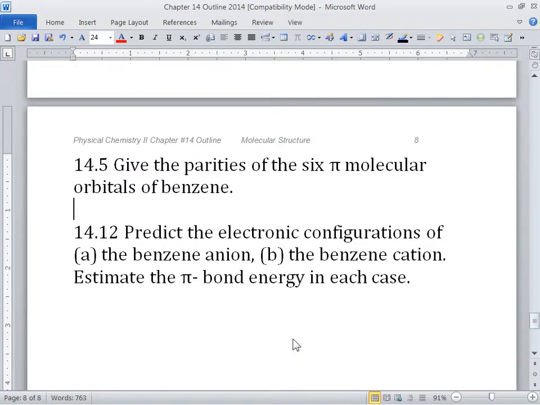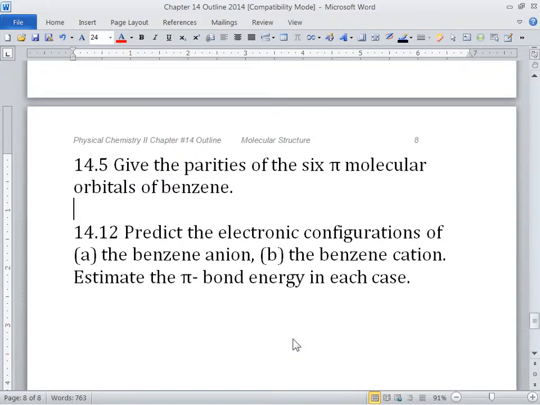Because here's the entire diagram. 6. So benzene has 6 valence electrons to work with. If you want a benzene anion, now you don't have 6 anymore, you're going to have 7. I know, but they're just saying there's 6, because they said this is benzene.